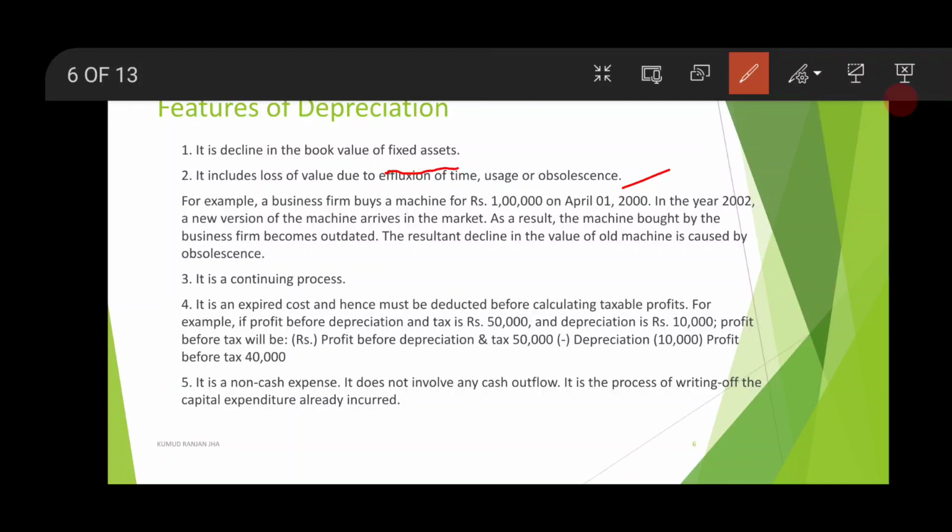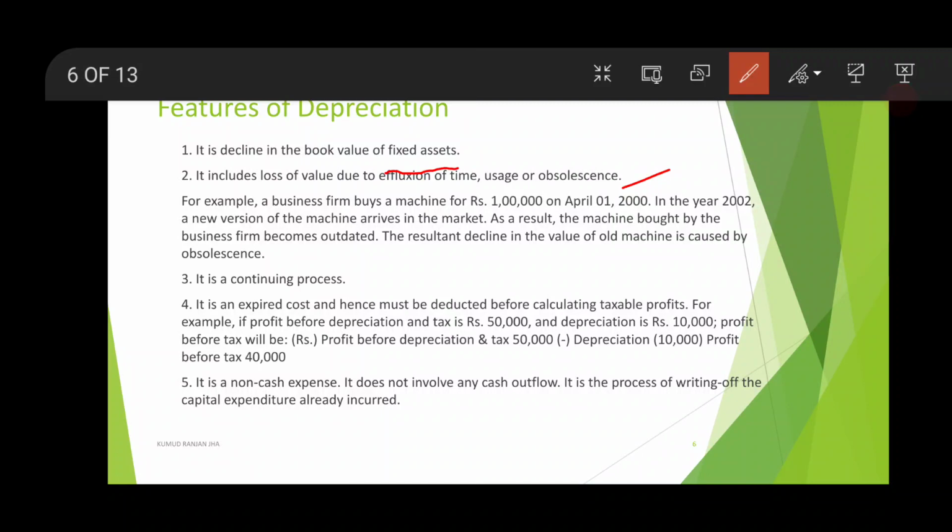For example, a business firm buys a machine for rupees 1 lakh on April 1st, 2000. In the year 2002, a new version of the machine arrives. अब मार्केट में 2002 में 2 साल बाद एक नई मशीनरी आ गई in the market.